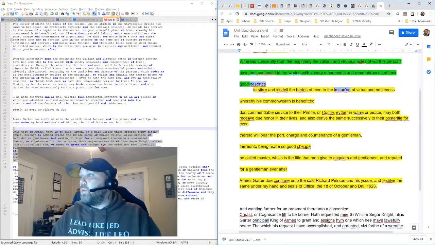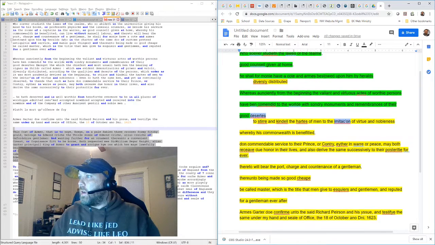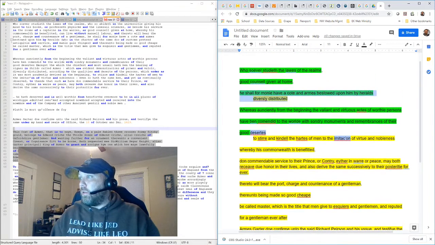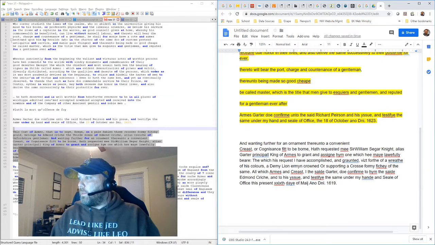So where do we talk about their arms? We talk about their arms here. Okay. To grant and assign him one which he may lawfully bear. Okay, cool.